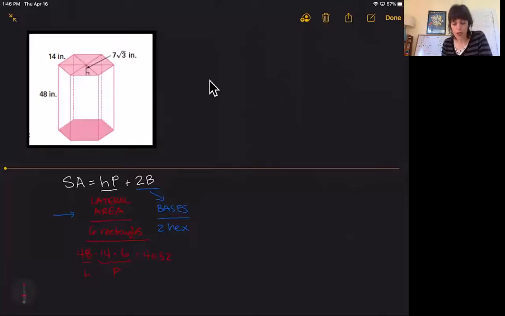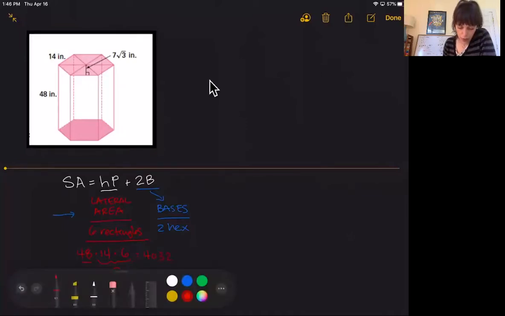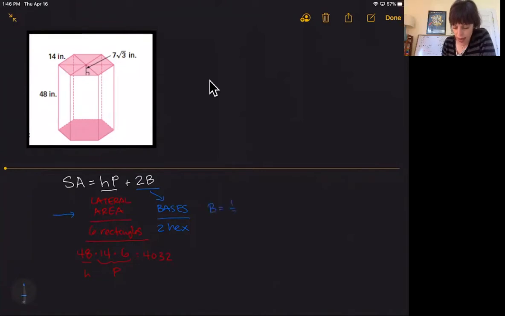Okay, so now I can concentrate on my 2 bases. So in this case, I've got 2 hexagons. So I'm going to find the area of 1 hexagon and then just double it. So let me go to my blue. So I know that for my hexagon, my base is going to be 1/2 apothem times perimeter.